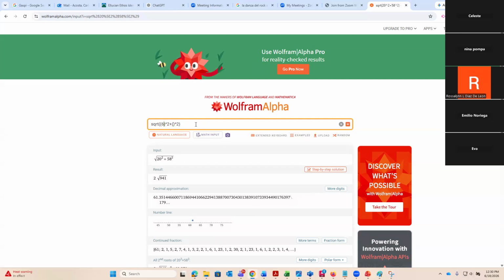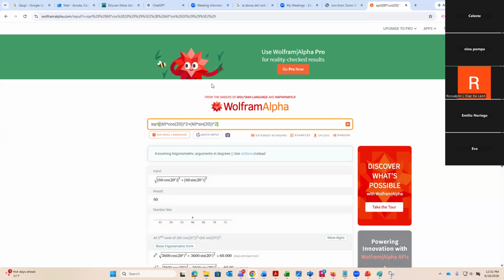Okay, so 60 times cosine of 20 and 60 times sine of 20. We're not dealing with exact numbers here. Yeah, there you go, 60. So notice that I'm demonstrating that this is the component on the x-axis, and this is the component on the y-axis of that force.